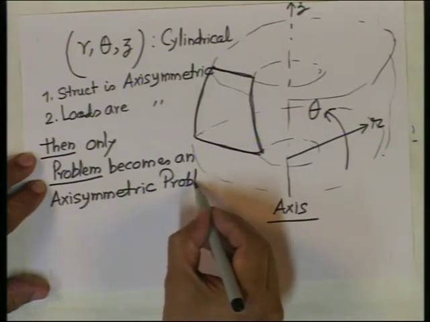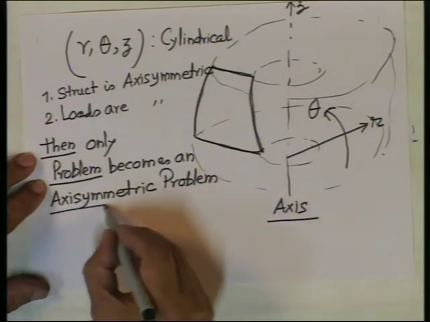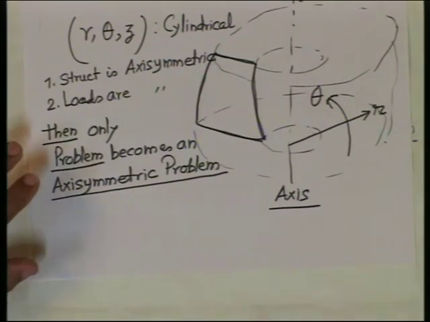And what is the meaning of an axisymmetric problem? No variation with theta; all quantities become independent of theta.